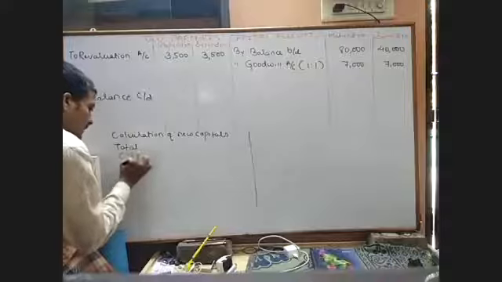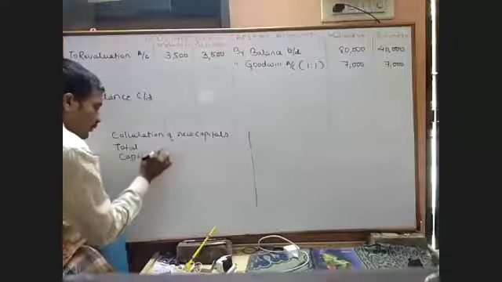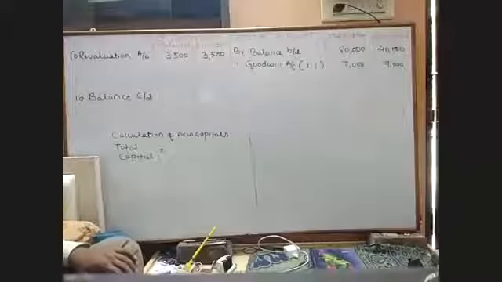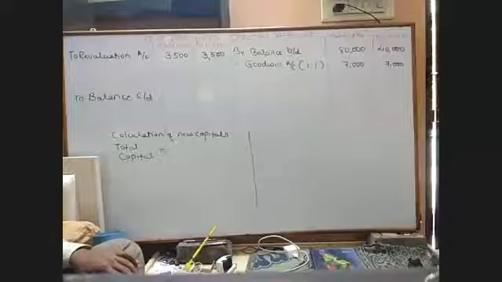Under that, the first one is total capital. You just tell me what was the formula to ascertain total capital? New partner's capital into reverse of his share. Now what is new partner's capital in this problem? How much has the new partner brought in?